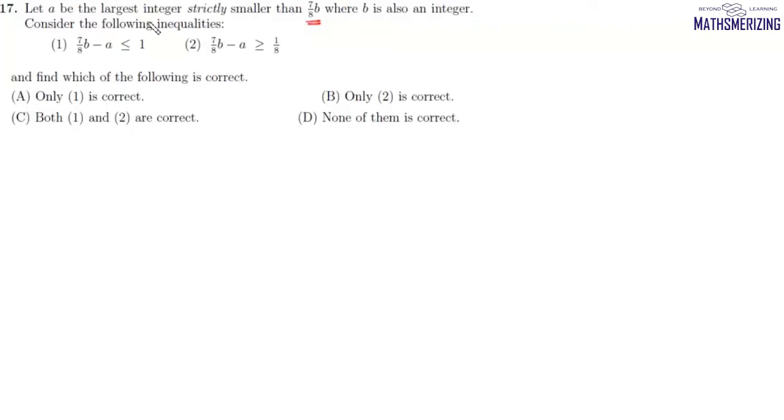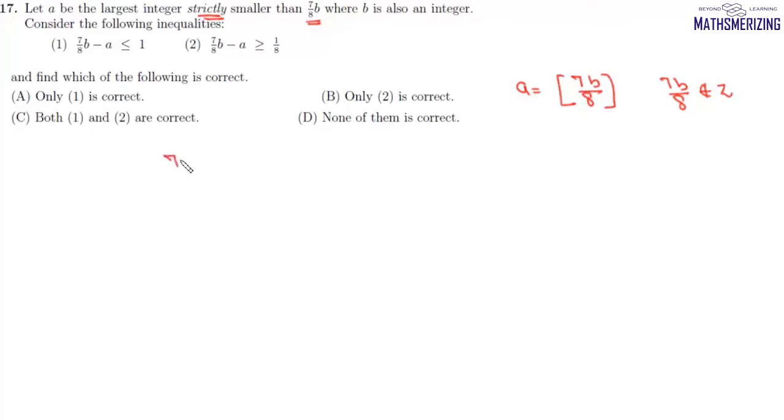Now it is given that a is the largest integer strictly smaller than 7b by 8. That means this a is the greatest integer function of 7b by 8. And since a is strictly smaller than this value, that means 7b by 8 is not an integer.